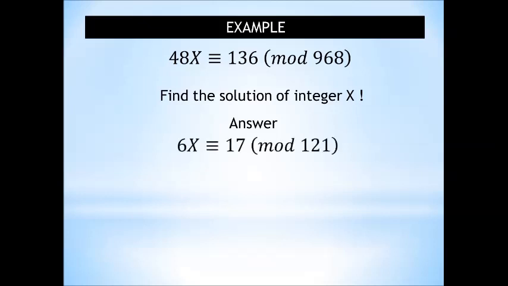Next, we know 6x congruent 17 mod 121. The GCD of 6 and 121 is 1. By the first theorem, it must have a unique solution.